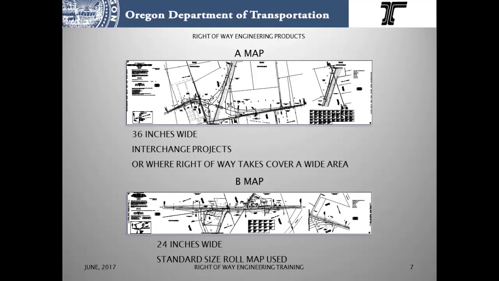So roll maps, currently we have A maps. These are 36 inches wide, done mostly for, say, an interchange project or projects where the right-of-way takes cover a wide area. Second type of roll map is a B map. The B map is 24 inches wide, and that's the standard size that we use.